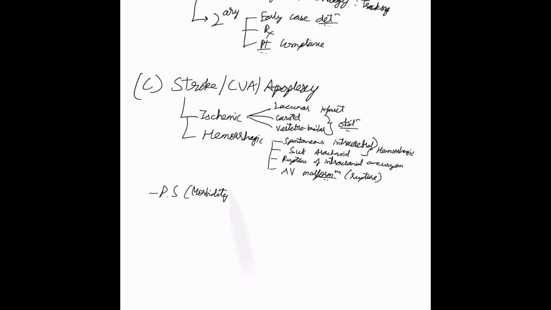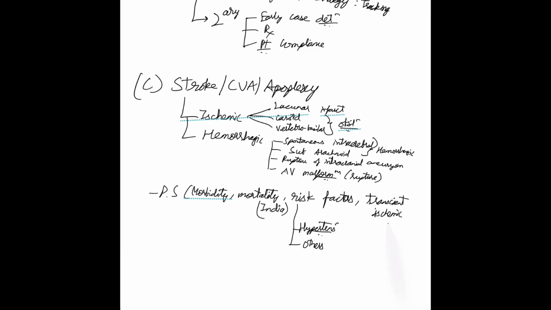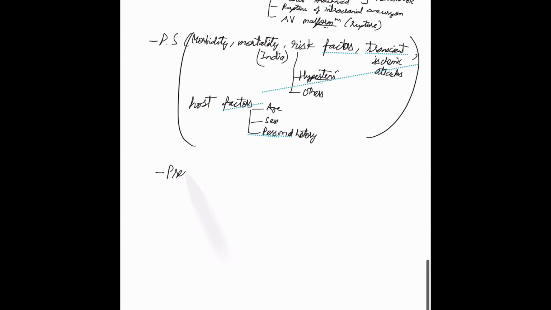So in the problem statement, the key points are the morbidity, mortality, risk factors, transient ischemic attacks, and host factors like age, sex, and personal history.